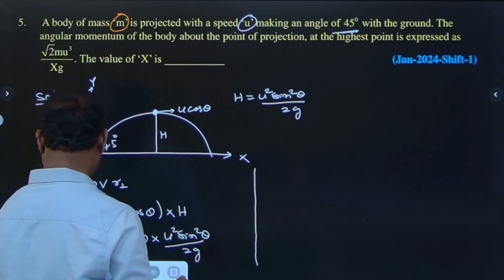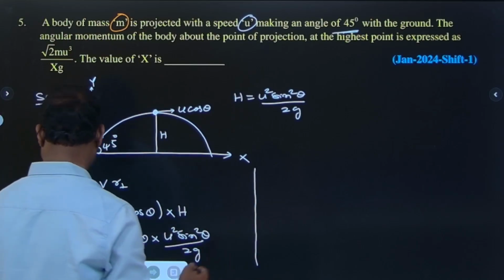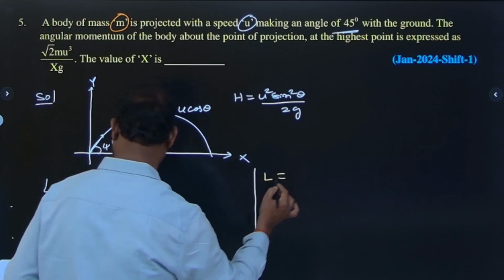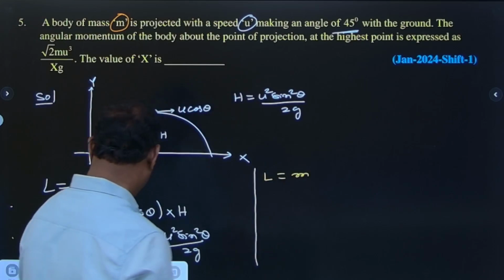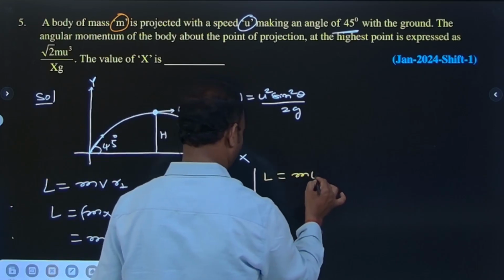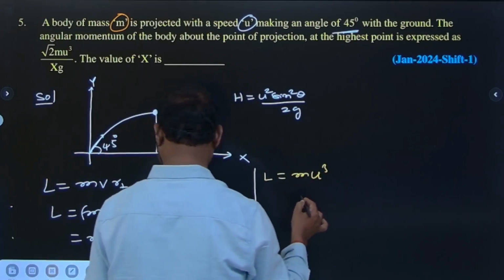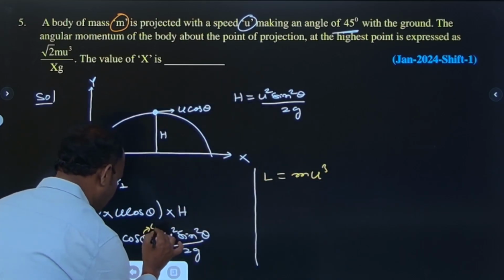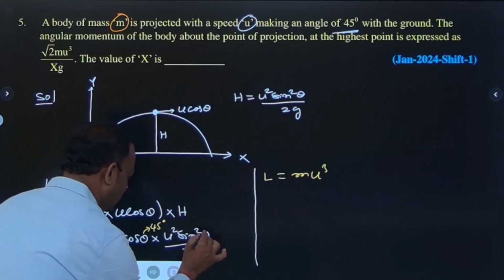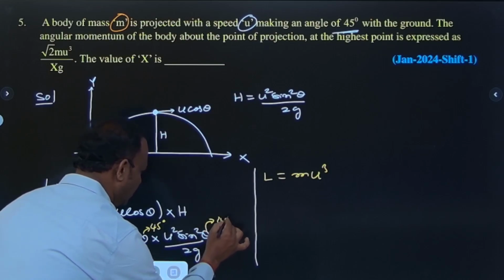Next we can write L is equal to m as it is, u times u square becomes u cube, then sin theta cos theta. Theta is 45 degrees, and cos 45 is 1 by root 2, and sin 45 is also 1 by root 2.